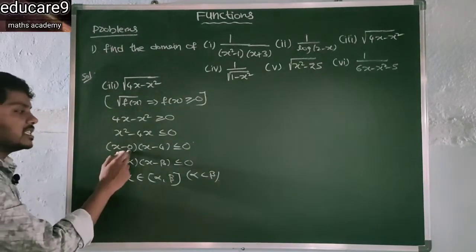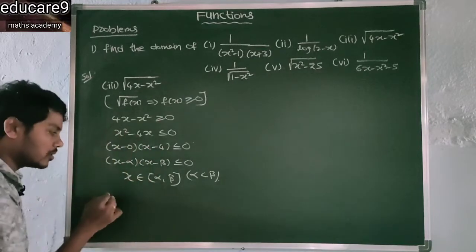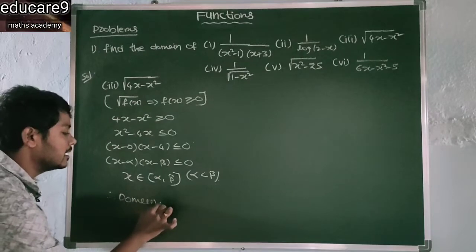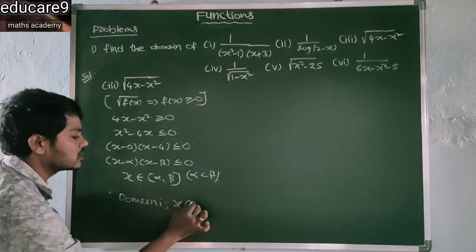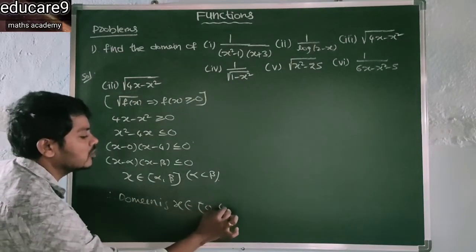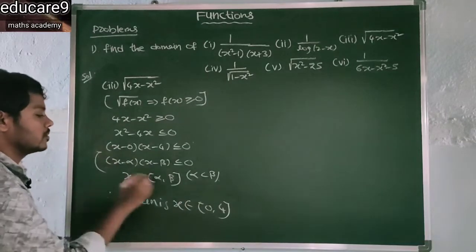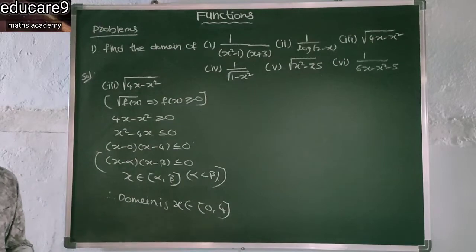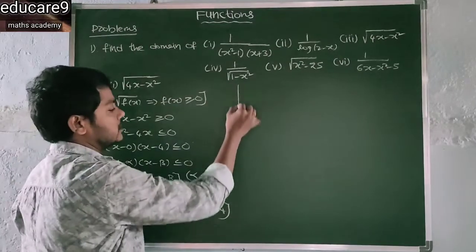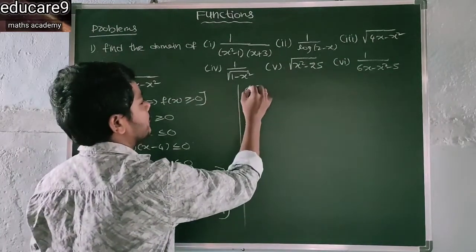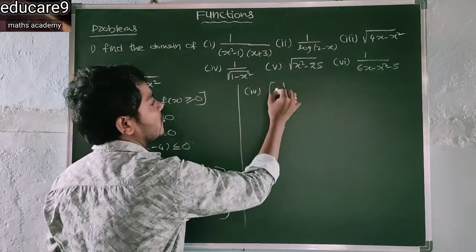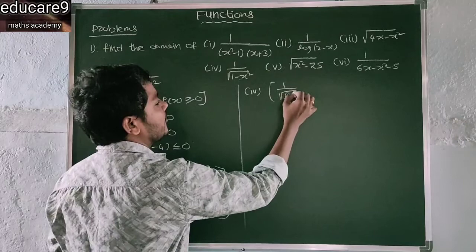So clearly alpha is 0, beta is 4. Therefore domain is x belongs to closed interval 0 comma 4. So this is the domain of the given function. Next, see the fourth question. Write it in the form of 1 by root f of x.